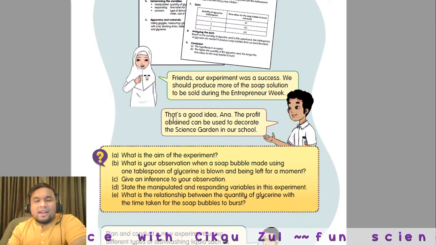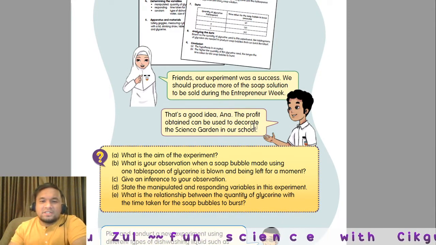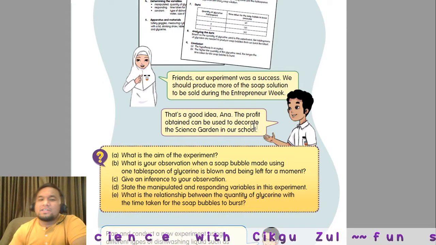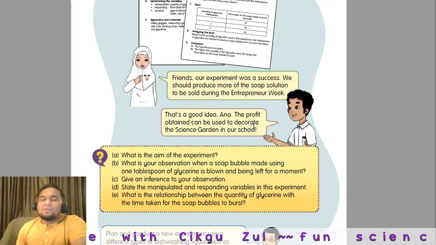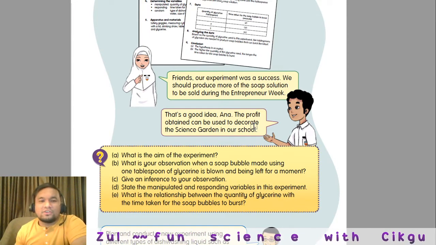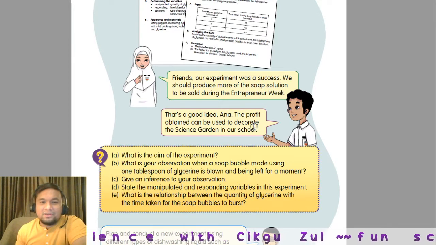That's a good idea, Anna. The profit obtained can be used to decorate the science garden in our school. Ya ke? Bagus pemikiran macam ini. Saya rasa kamu pun pernah tengok dekat sekolah yang biasa saya handle program Junior Einstein. Do you remember?